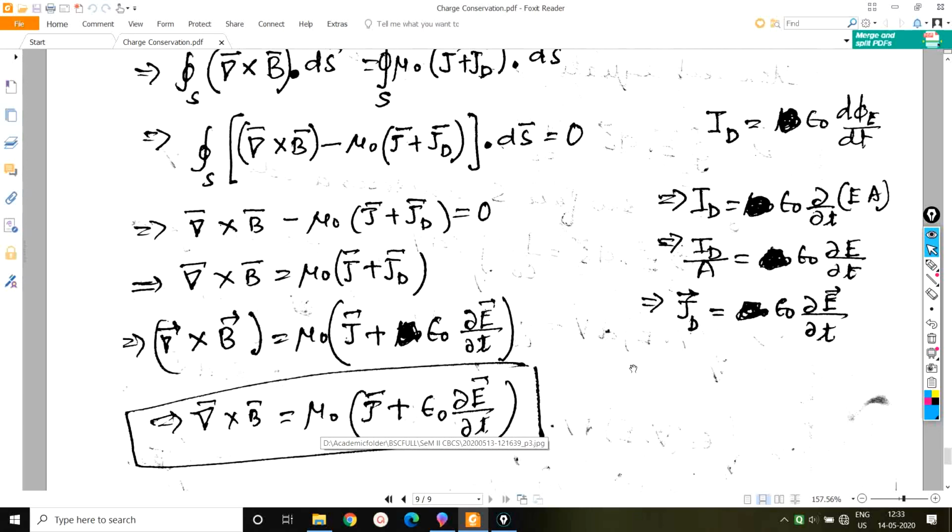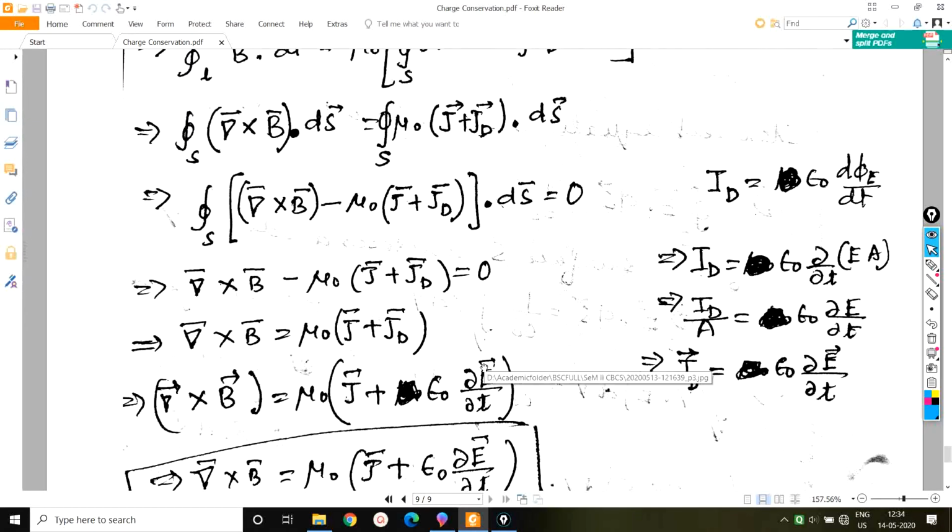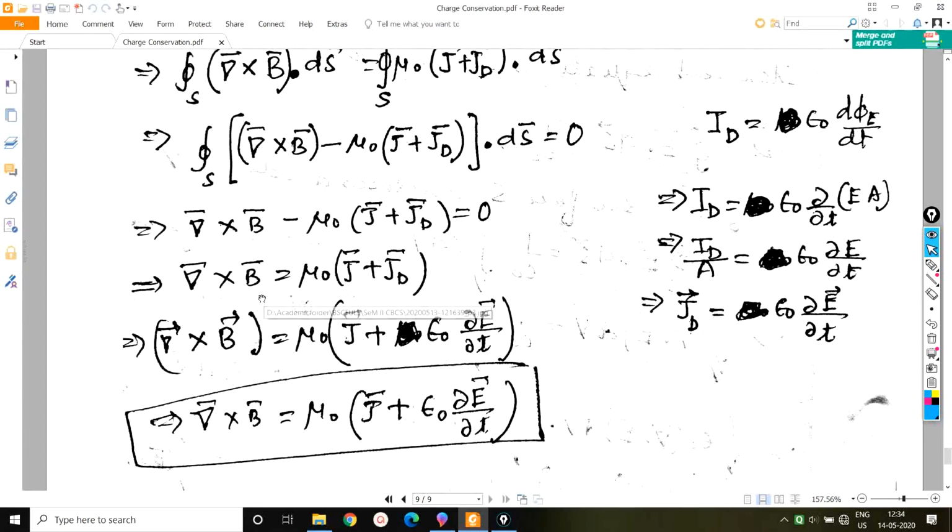At the end of this lecture, I would like to request you to see other forms of these equations; we did not go into the H form instead of B. Some books go with the H form, and instead of epsilon 0 del E del t they introduce D, the electric displacement vector.